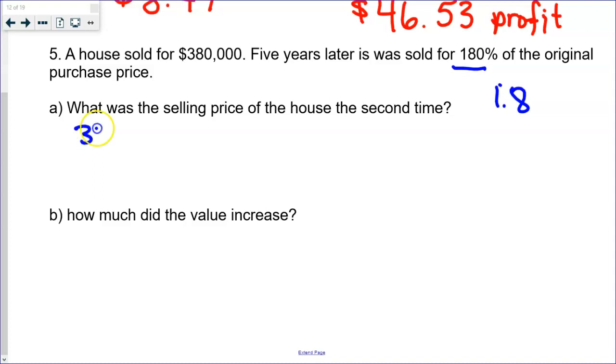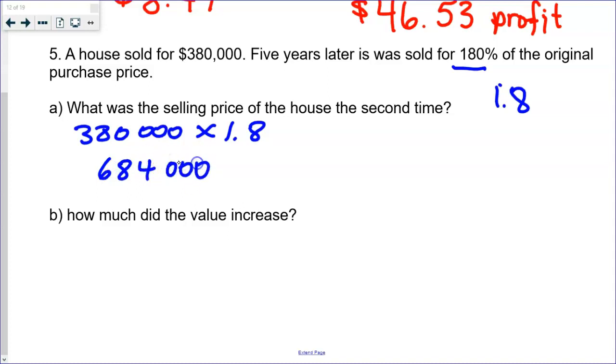We're going to take that 380,000 and we're going to multiply it by 1.8, and that will give us 684,000. And now you're going, whoa, that's like way higher, so how can that be? But remember, we're doing 1, so a whole 1 here, plus 8% of this number. So it's going to be higher. It's almost double. Okay, so that was the selling price of the house the second time.